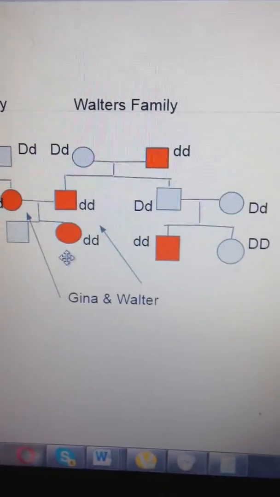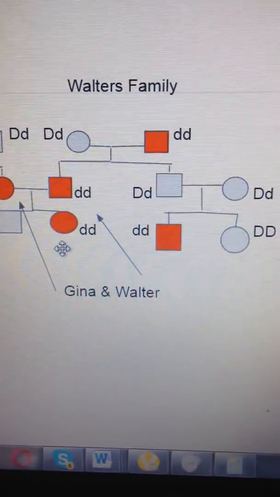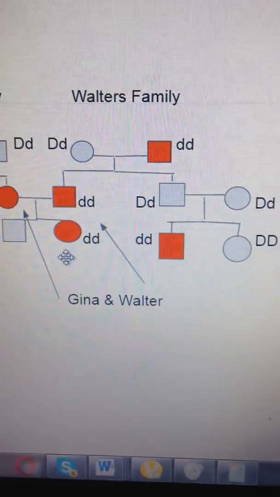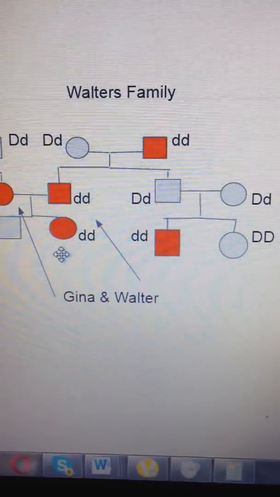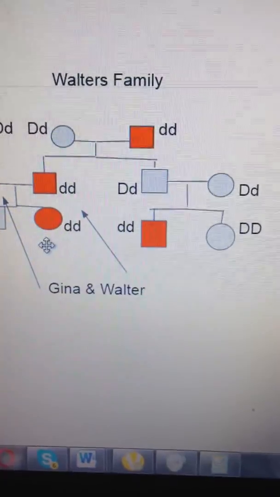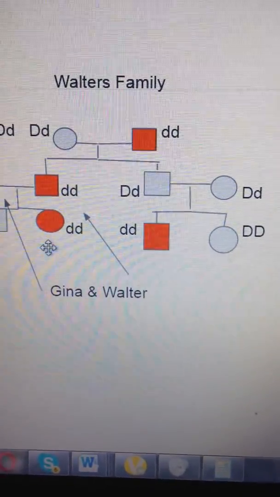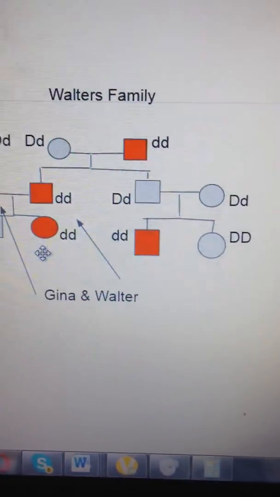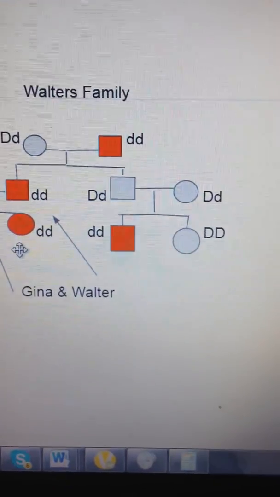On Walter's side of the family, his father had the disorder, so he would be carrying the two recessive traits for it, and his mother did not. Therefore, she had uppercase D, lowercase d.